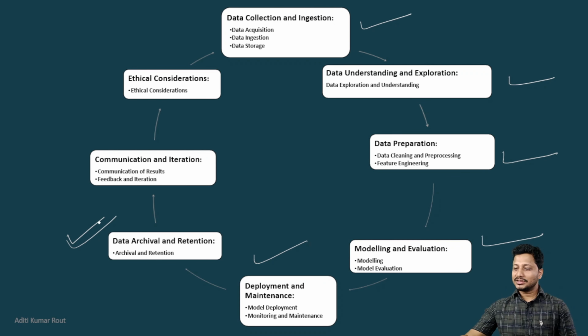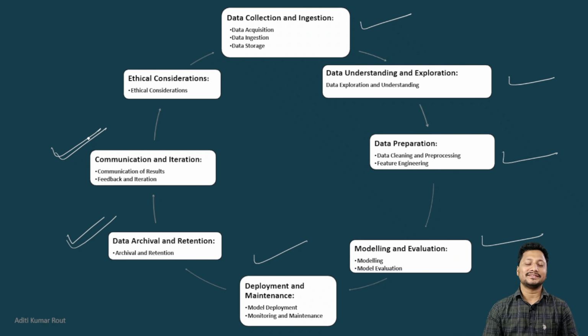And the next pillar here is communication and iteration. The communication involves communicating the result to the business owners, both technical and non-technical people. How your model is working, why you built this model, how it is beneficial to your organization.